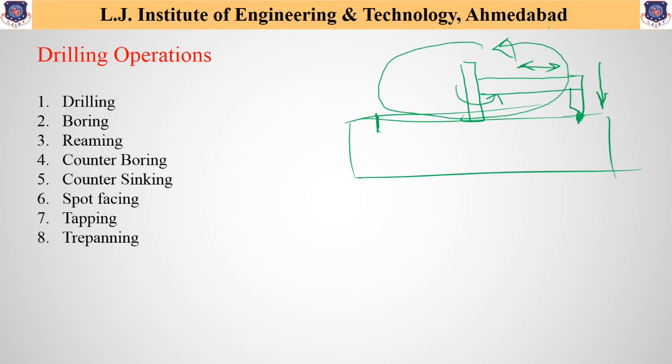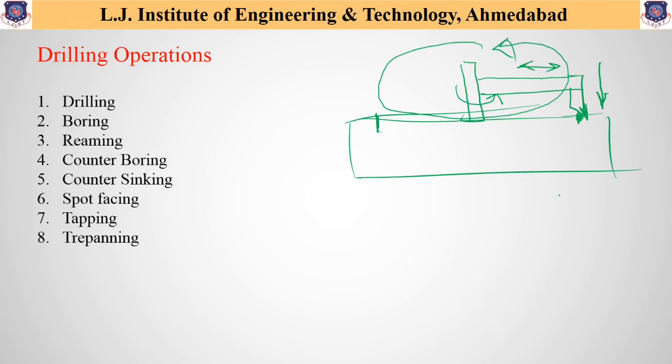So as this tip comes into contact with the workpiece, it starts cutting that particular sheet, and the required diameter of block is cut from the workpiece, and our required size of hole can be generated using this trepanning tool. So the operation of using this single point tool to generate the large diameter hole on the workpiece is called the trepanning operation.